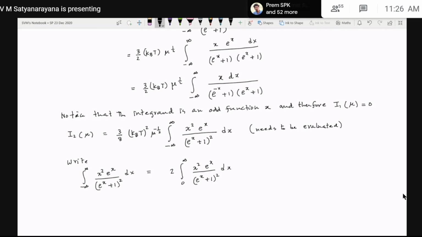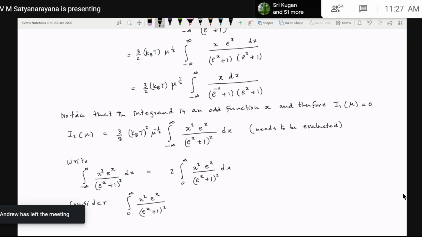Now we can try to do an integration by parts. So now consider the integral from 0 to infinity of x square e to the x divided by (e to the x plus 1) the whole square dx, and do an integration by parts.